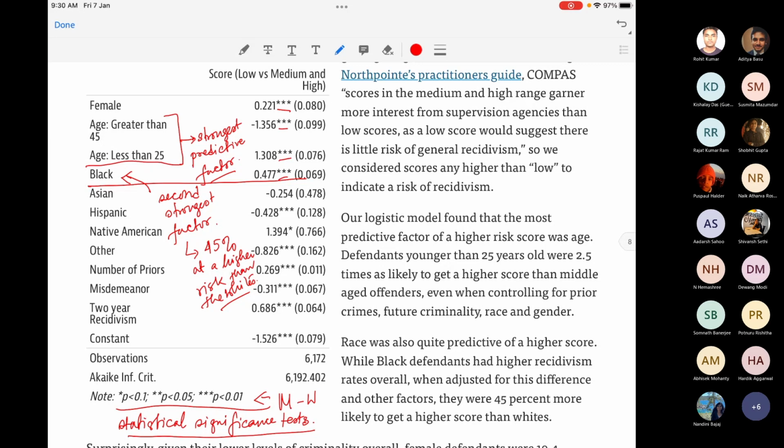For the sake of this class, let us assume that this tells you how significant the results are.